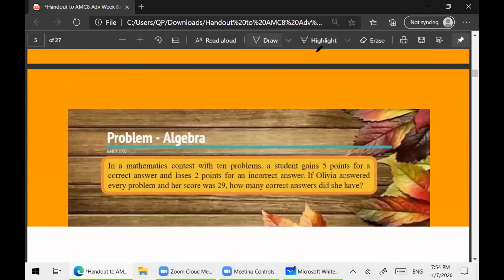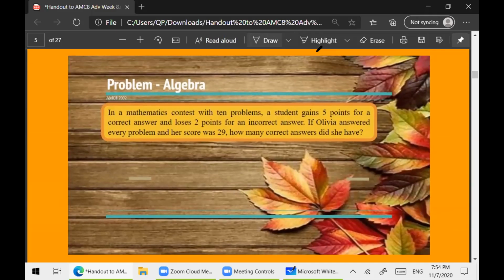Okay, so on to the next problem. And did everyone get the solution this time?